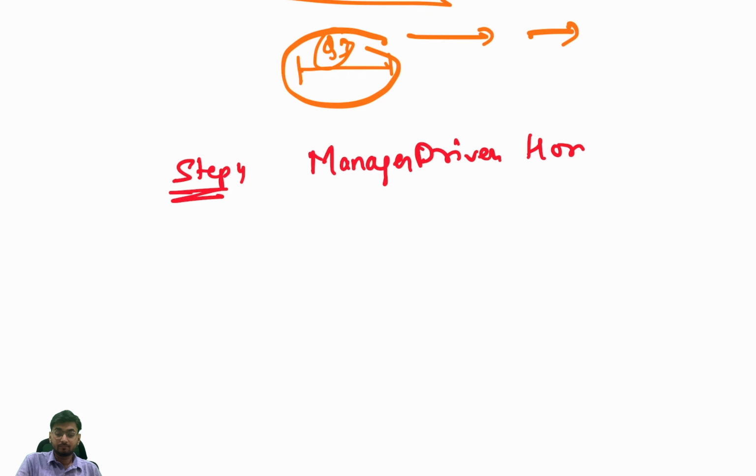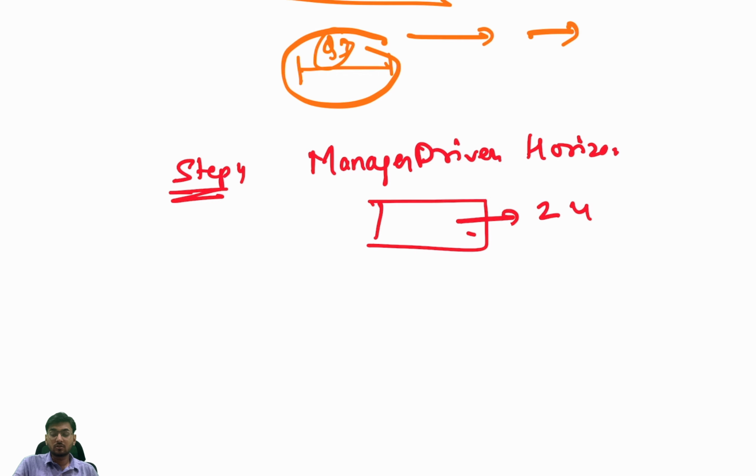Step 4 is about the manager-driven horizon. Basically, in some firms you will not be able to choose whether to create a model for 2 years or 3 years. There is a strict rule that you have to create a model for 5 years. That's our standard, you have to follow that. Means I'm your boss, you are my analyst.